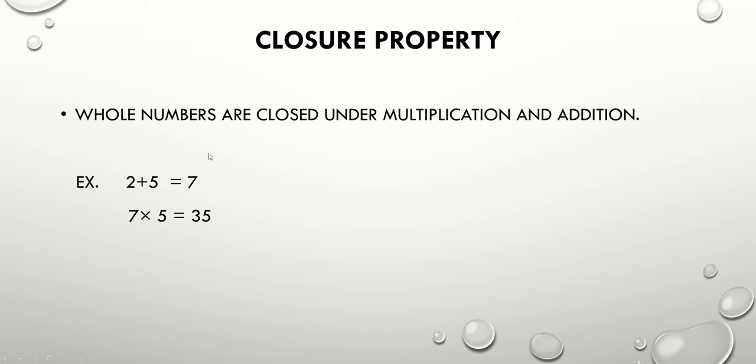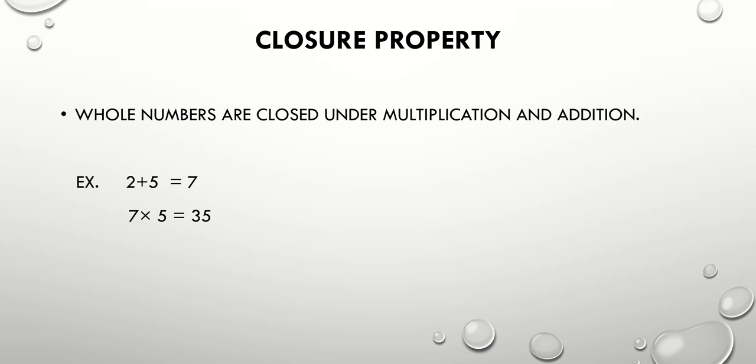We are saying whole numbers are closed under multiplication and addition. Means when you do multiplication and addition of whole numbers, you will get the answer in whole numbers only. But it is not the case with subtraction, because when you do 2 minus 5 or 5 minus 2, you will not get the same answer that you would get in integers.